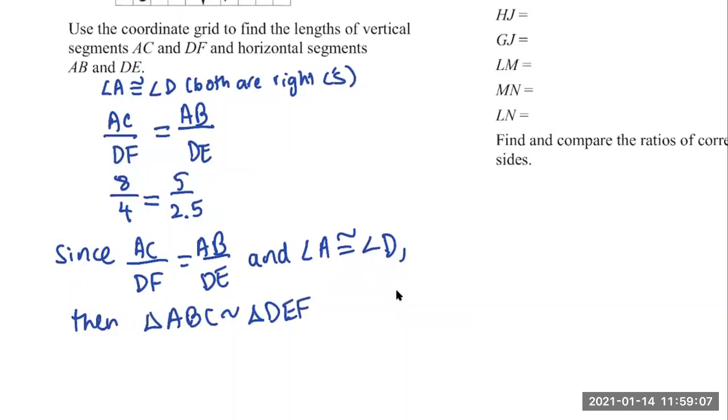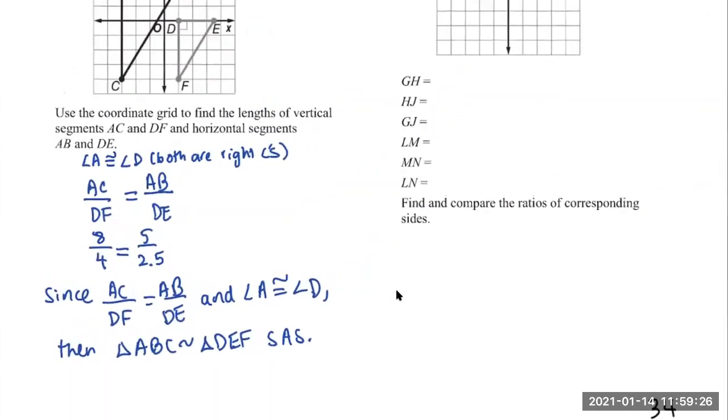By what one of those three above does this satisfy? Okay, sides are proportional, angle included in between are congruent, so by side angle side. So showing that the sides are proportional through finding the length of it, and then coming up with a conclusion from that.